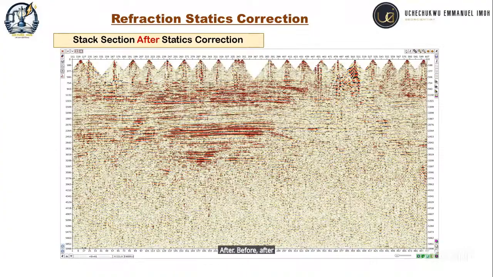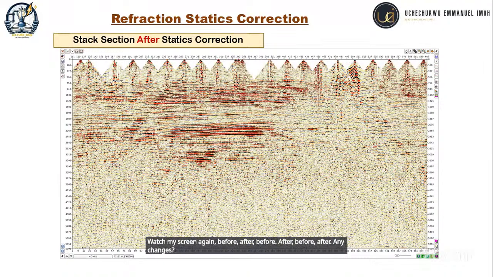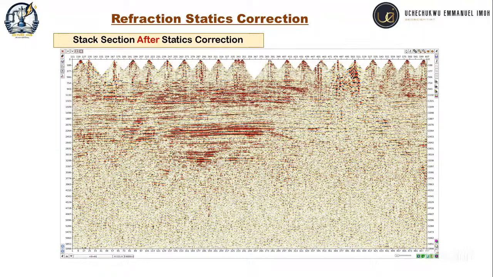Did you see any change? Okay. Watch my screen again. Before, after, before, after, before, after. Any changes? Did anybody notice any change? Let me know if it's a general issue.